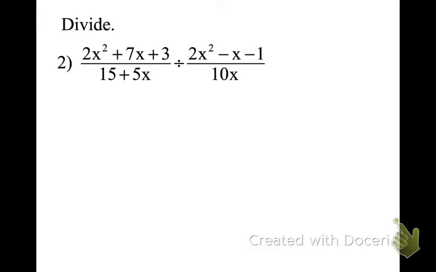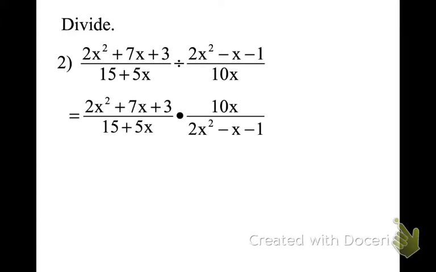Back to the recording. So on the first one, we're going to have to factor. Let's multiply by the reciprocal, and then we're going to factor the first one, which, what multiplies to 6, multiply by 2, and adds to 7? 6 and 1. Good, and so I get x squared.